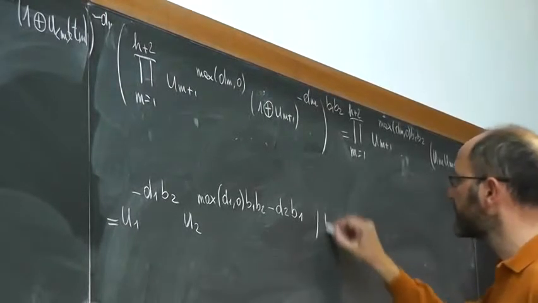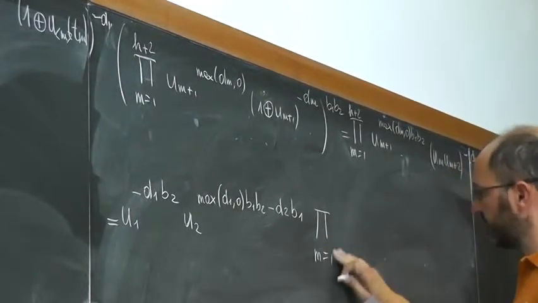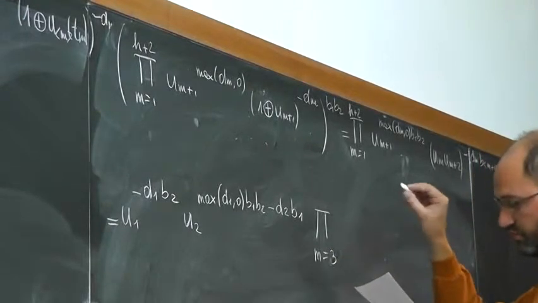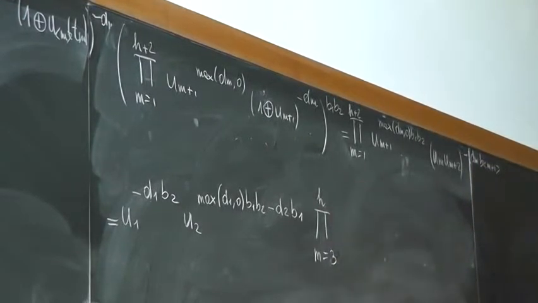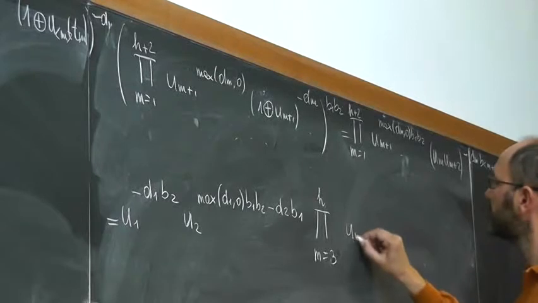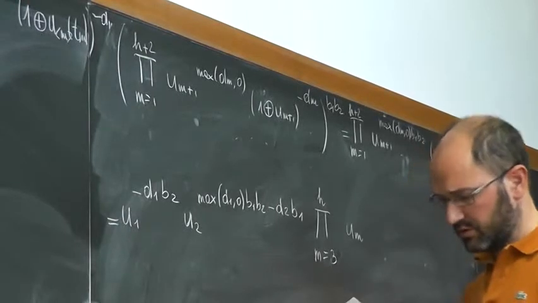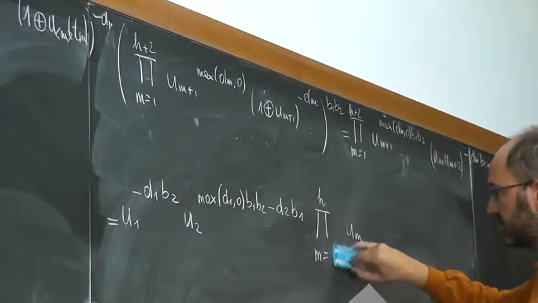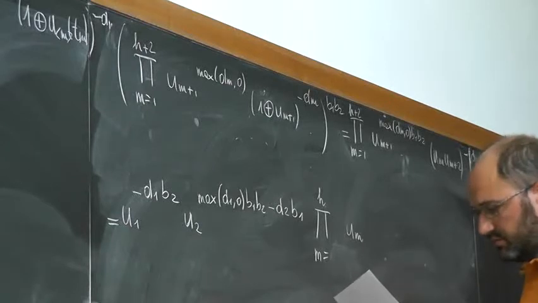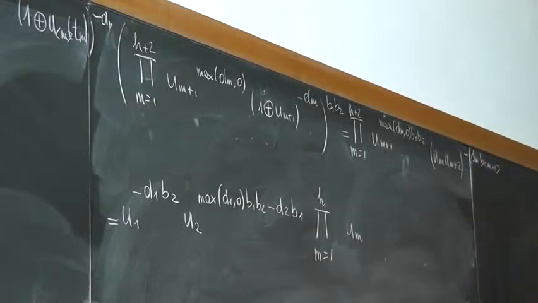Then all the variables from 3 to h can be treated together. So un comes with exponent, I don't know, but I wrote this from 1 to h, and then I write un plus 2 here.